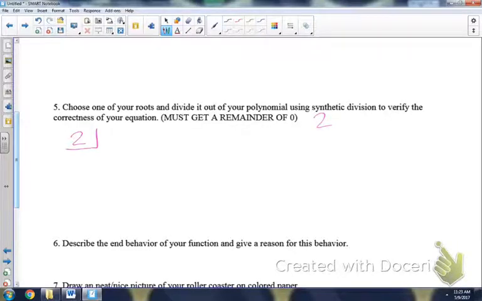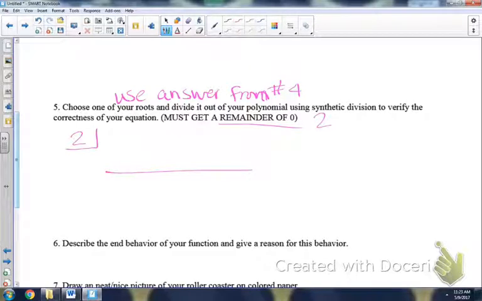You're having to use your coefficients, so you're using the answer from number 4. Bring it down in order to figure out your coefficients. Then you can use synthetic division. You should get a remainder of 0. So pick any one of your roots. It doesn't matter which one.